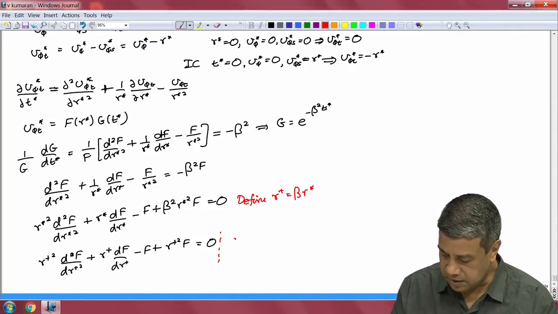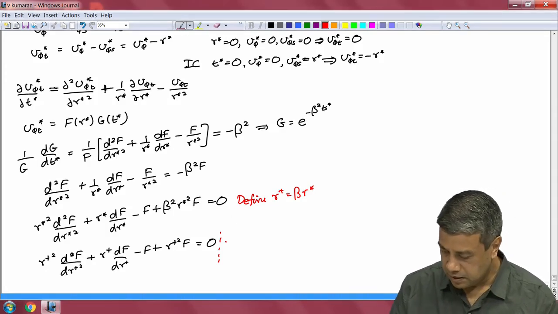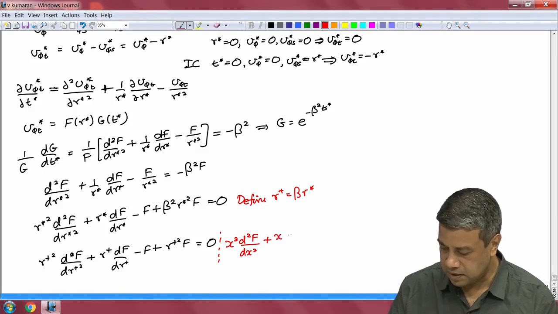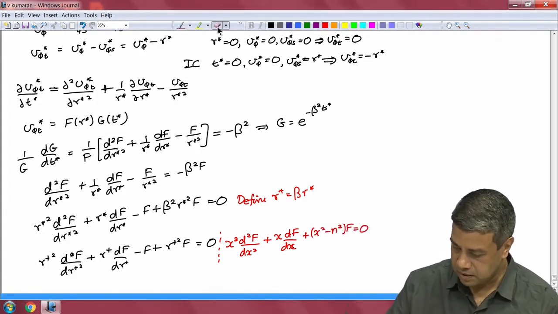The Bessel equation was x square d square f by dx square plus x df by dx plus x square minus n square f is equal to 0.